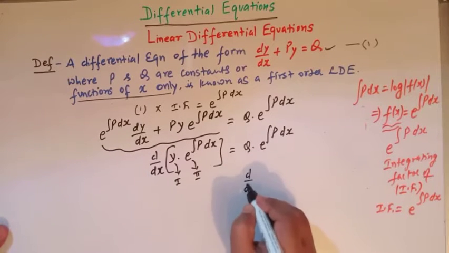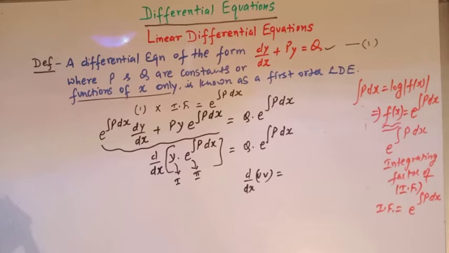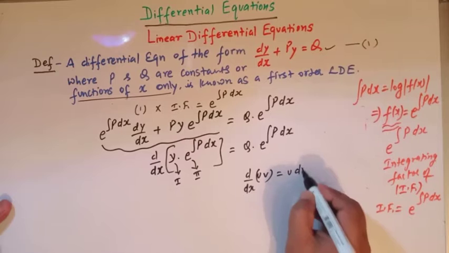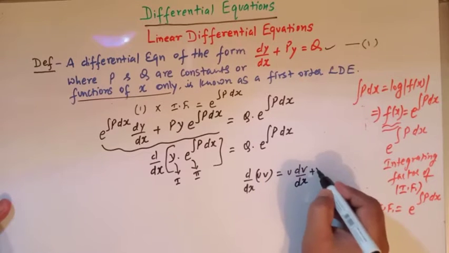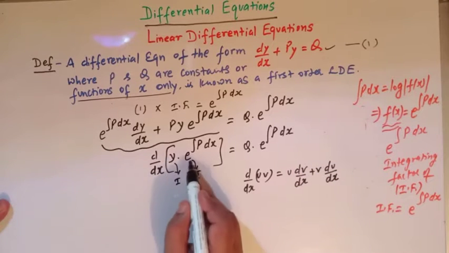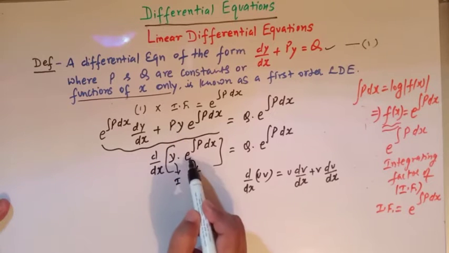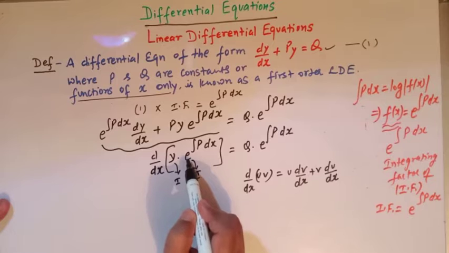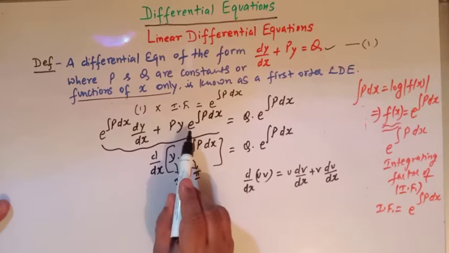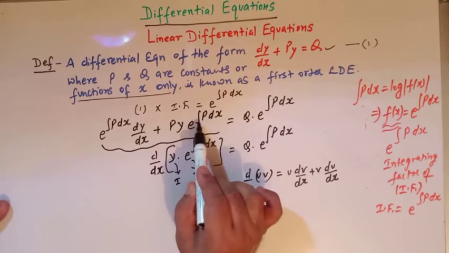And the rule is, if we have two functions of x as u and v, then the derivative of the product of u and v is given by u times derivative of v, plus v times derivative of u. Clear? So we have the first function as y, then the derivative of e raised to integral of p dx, and by chain rule, if we differentiate this, we have p.